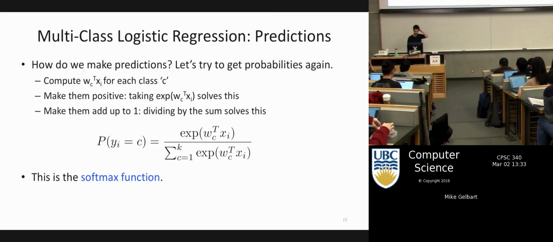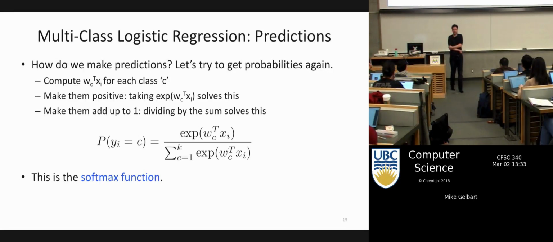Any questions about this? So in fact, we won't get into this in this course, but if you ever encounter someone talking about the temperature of the softmax, it's exactly this thing that I was talking about here.